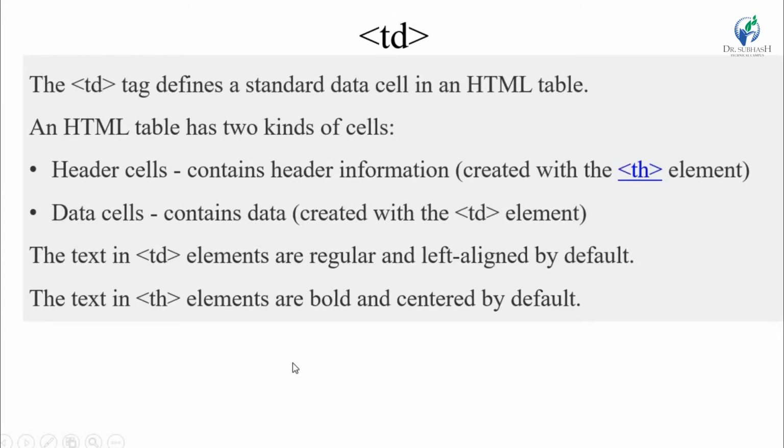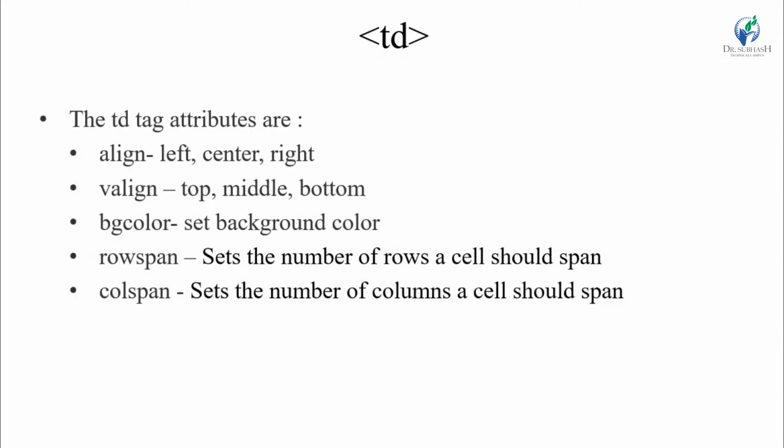Now we will see the attributes of the td tag. The td tag attributes are align, same as your table and tr, valign and bgcolor. These three are the same.